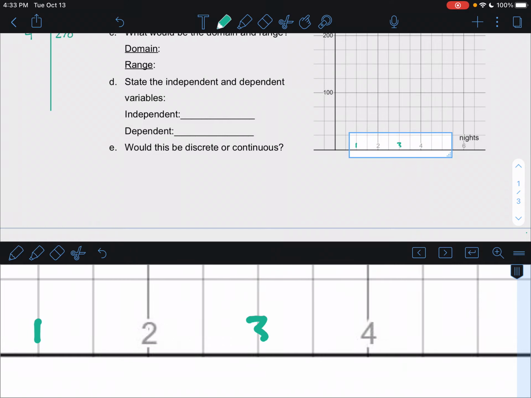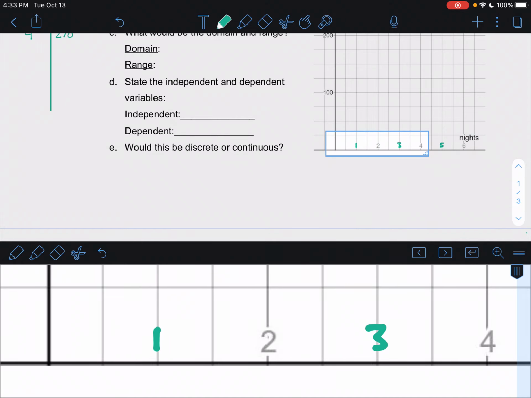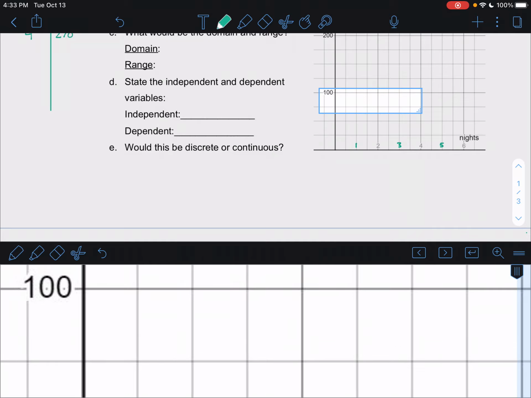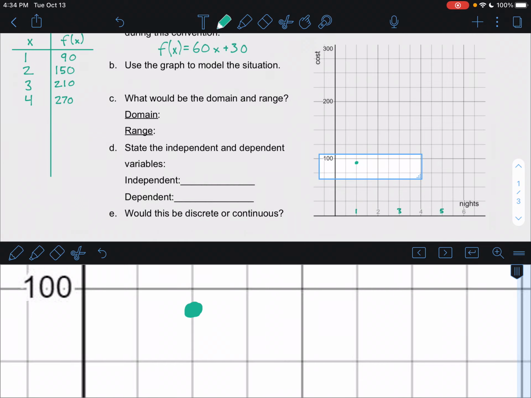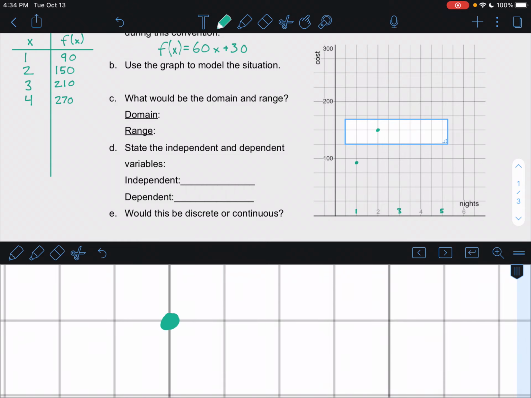So there's my 1, there's my 3, there's my 5. The first point is going to be 1, 90, and 90 would be about there. And then I have 2, 150, which is approximately here.